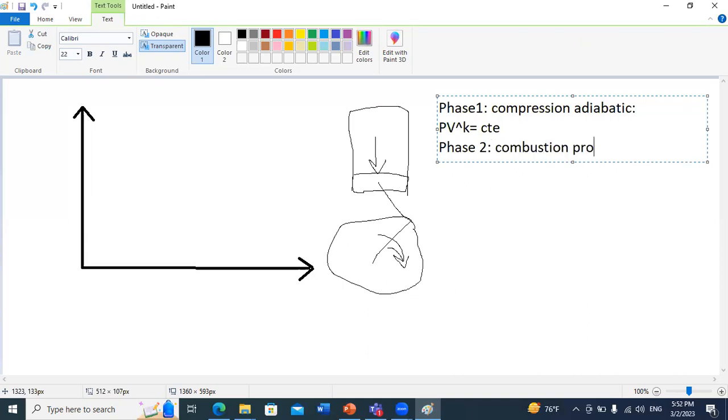If you remember, we said that a good way to model the combustion process is to consider that, because it's very fast, it's instantaneous, it takes place at constant volume. So we model it as a constant volume process. And during this process, you have heat input because the combustion will release heat.